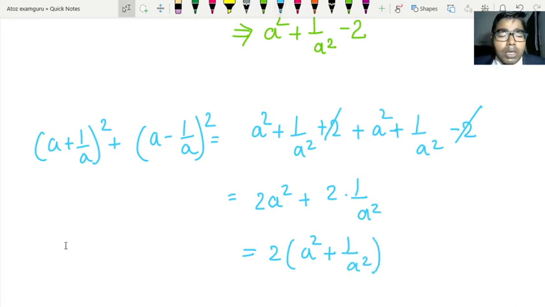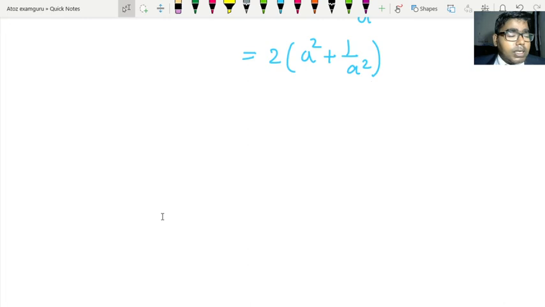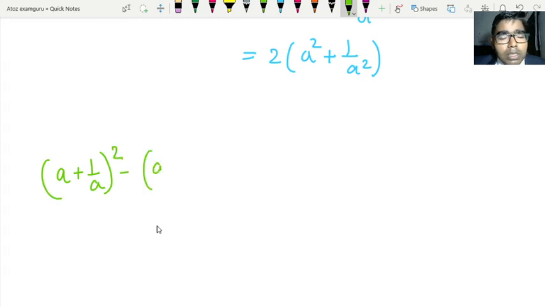Right friends? And now if you subtract the above two formulas, then what you will get? You will get (a + 1/a)² - (a - 1/a)².